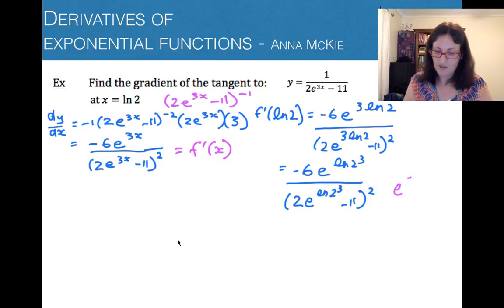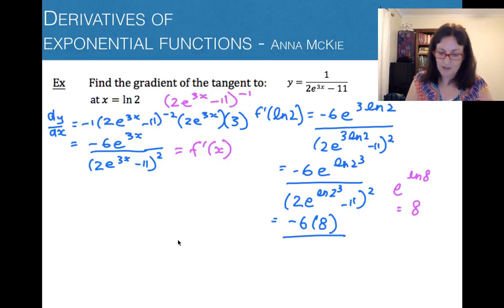So this is the equivalent of 2 cubed would be 8, and that is the equivalent of 8. So it's going to simplify nicely. -6 times by 8, and in the denominator we'd have 2 times by 8, take 11, all squared. Therefore we have -48 on 16 take 11, all squared. 16 take 11 gives us 5. 5 squared gives us 25.